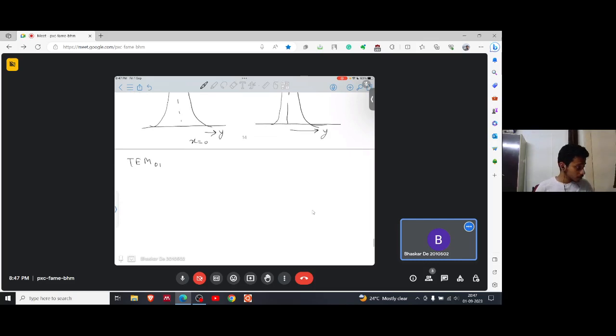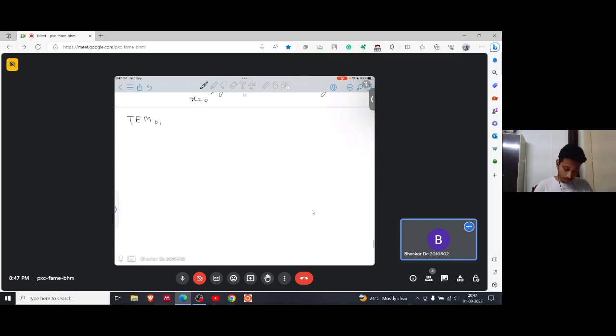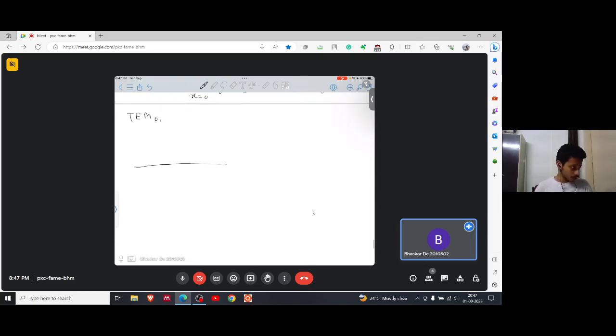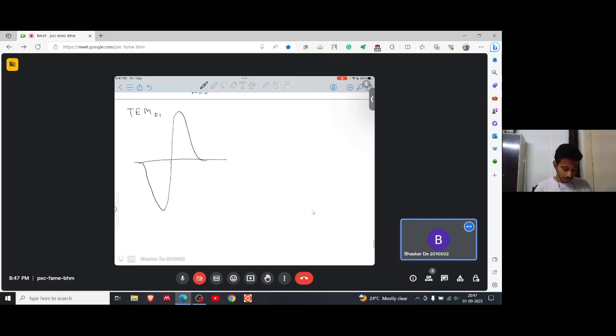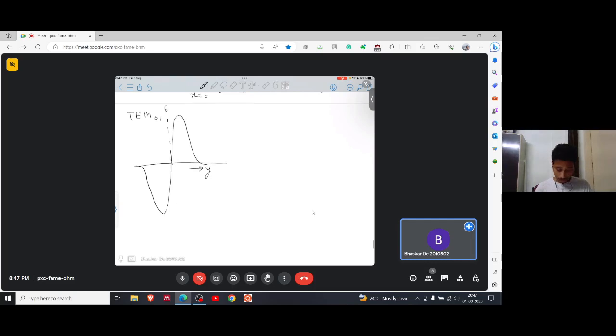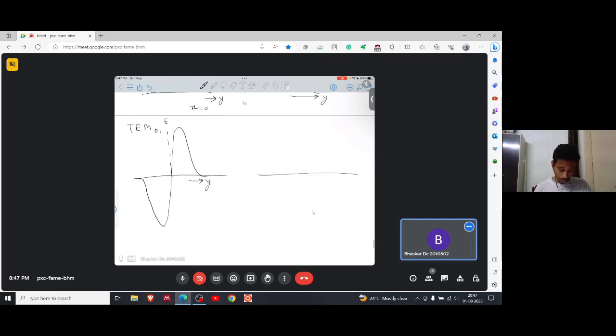Now for TEM 01, if we look at it, we will see that there is a y dependence. If y is negative, then the field will be negative, like this. So E versus y. Now this is I. When we convert from electric field amplitude to intensity, it will be like this.